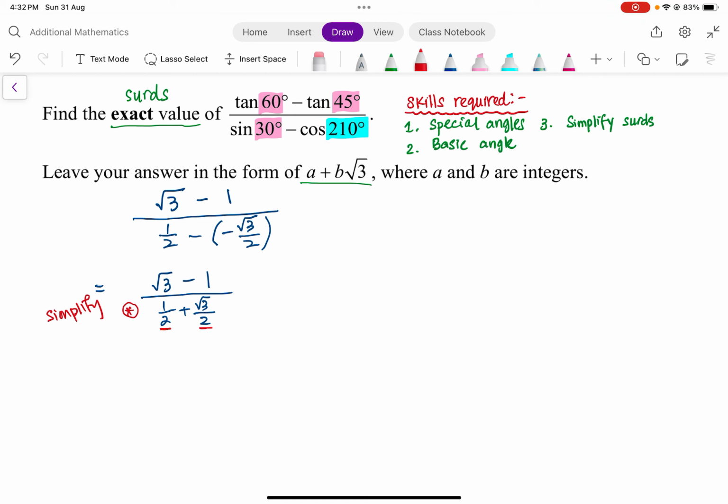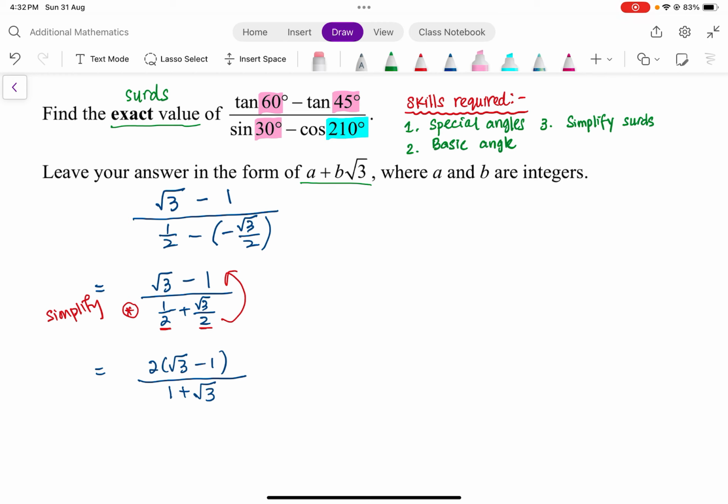If I simplify this fraction, this will give me 2 times root 3 minus 1, and the denominator now I'm just left with 1 plus root 3. It is so much easier for me to rationalize 1 plus root 3 compared to the fractions earlier on.